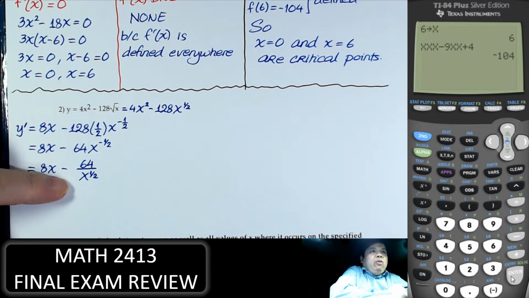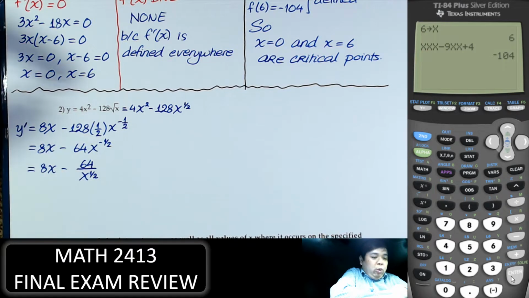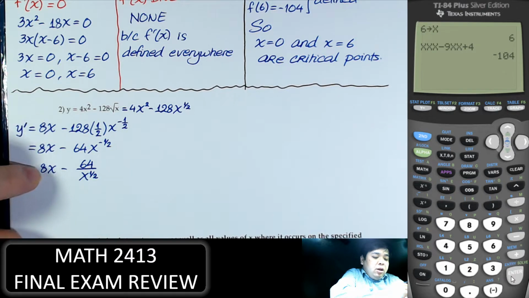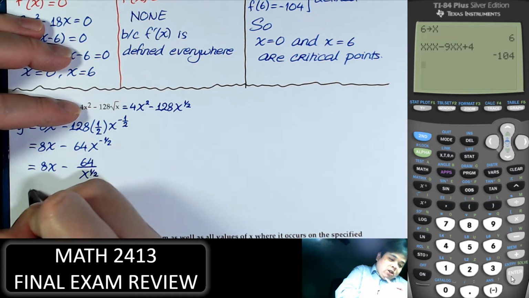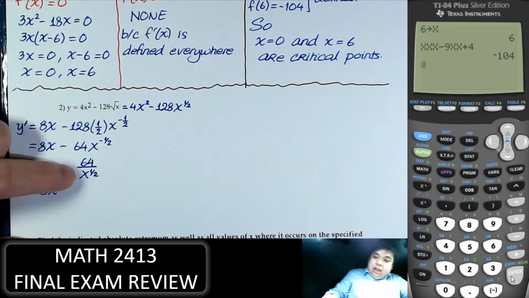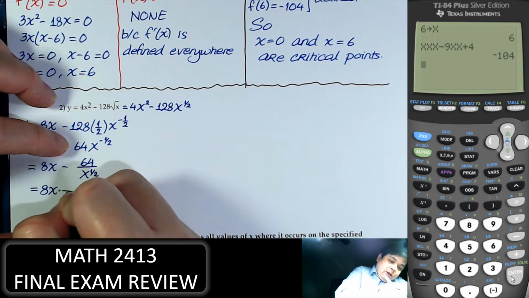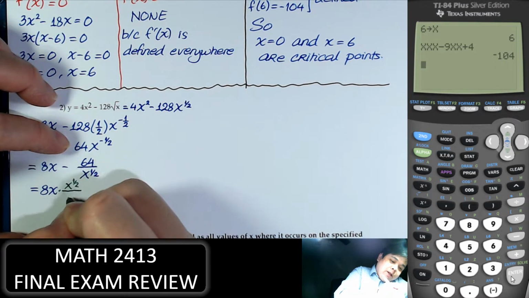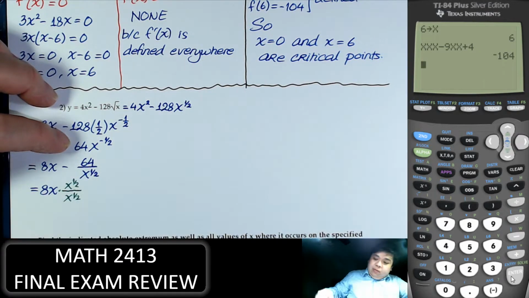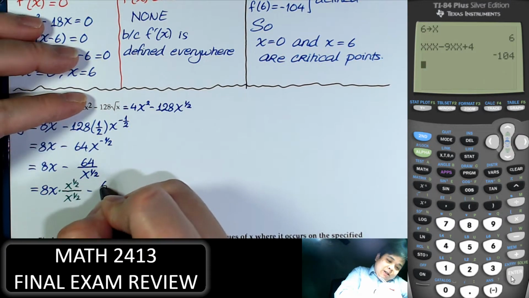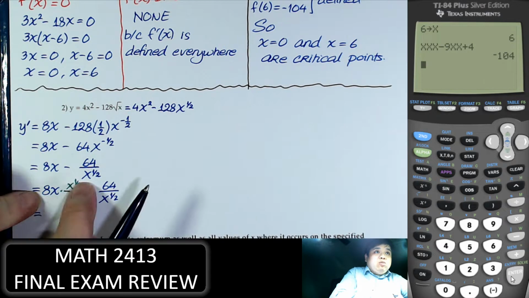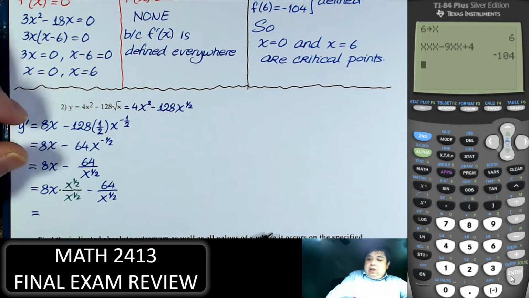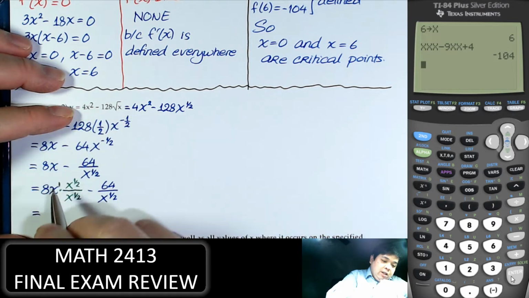Right. Now we have a fraction. When we solve for the derivative equal to 0 or does not exist, it is better if we have one big fraction. You'll see that in a minute. So to get one big fraction, what we do is try to get the denominator of x to the 1/2. So I will multiply top and bottom by x to the 1/2. Now on the top, x times x to the 1/2: x to the first and x to the 1/2.